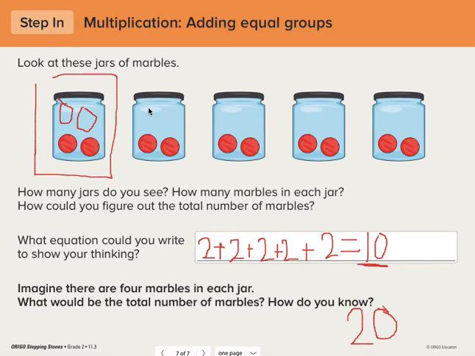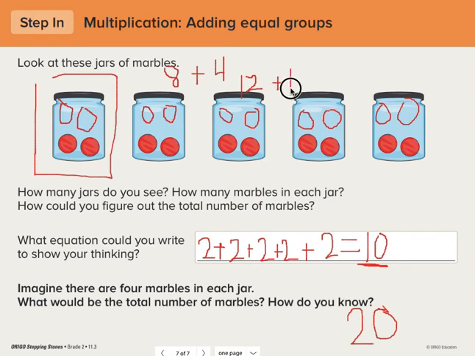Let's try it. Let's check and make sure we're right. 4 plus 4 is 8. 8 plus 4 is 12. 12 plus 4 is 16.